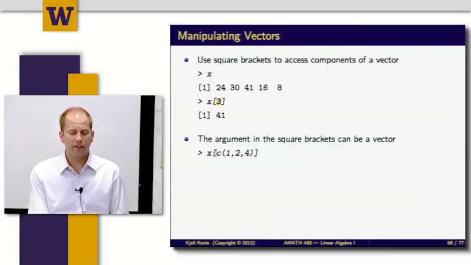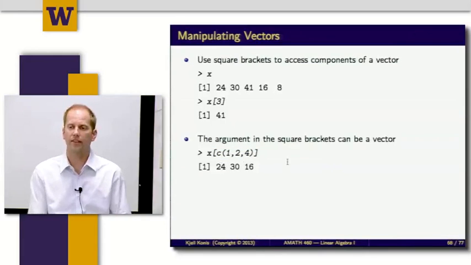I can also subset on vectors, and that's going to probably have the predictable result. If I give a vector of indices, this is going to refer to the first, second, and fourth elements of the vector x. That's going to be 24, 30, and 16. When I do that on the command line, I get 24, 30, 16.